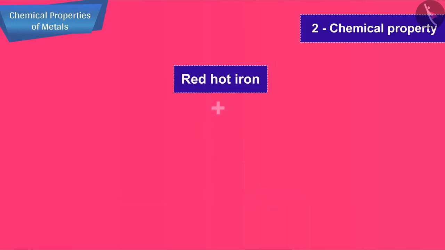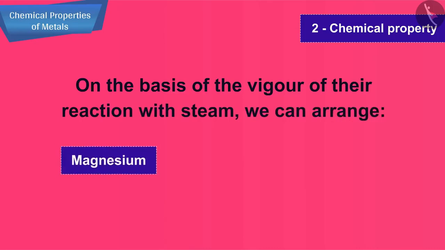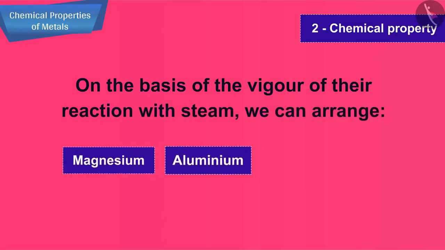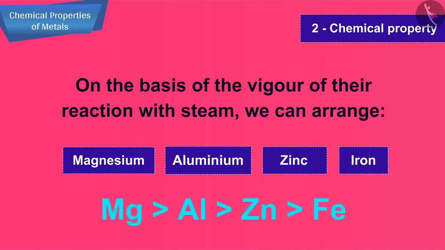Red hot iron reacts with steam to form iron oxide and hydrogen gas. On the basis of the vigor of their reaction with steam, we can arrange magnesium, aluminium, zinc and iron metals in the decreasing order of their reactivity.